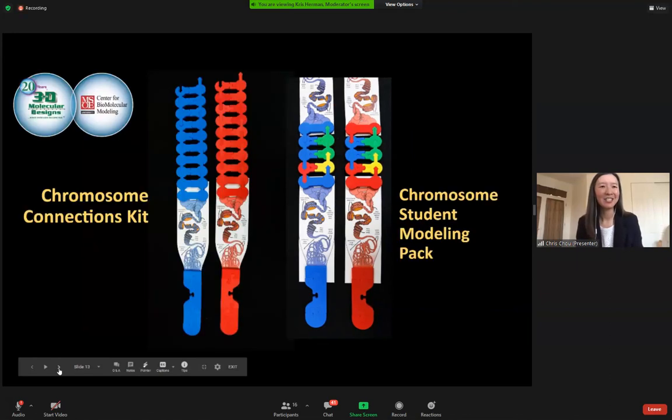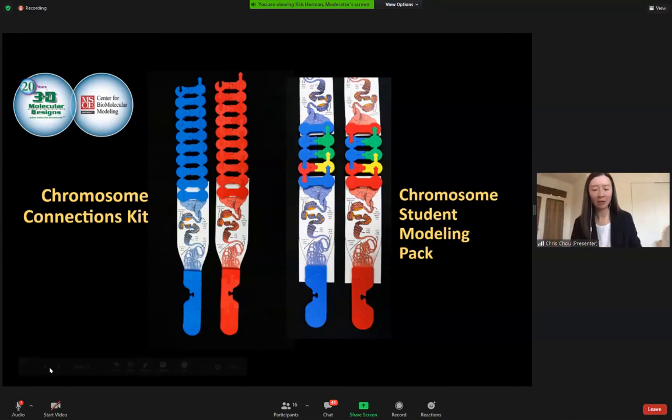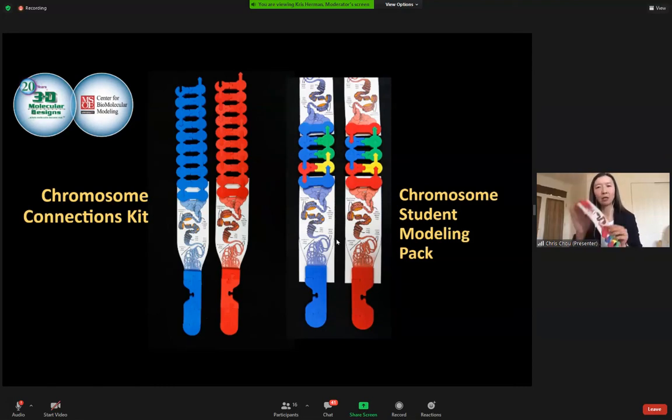All right, and Diane said she always liked the scaling feature. So with both the student modeling kit, the example on the right side comes with colorful nucleotides, the A's, T's, G's, and C's there. And then this was the connector kind of graphic. In the classroom version, the chromosome connections kit on the left, the nucleotides don't come as different colors.